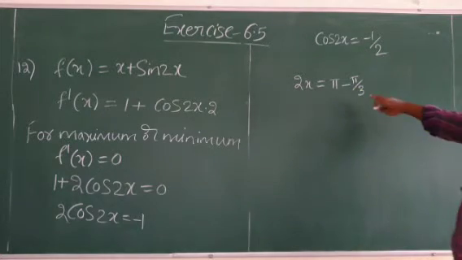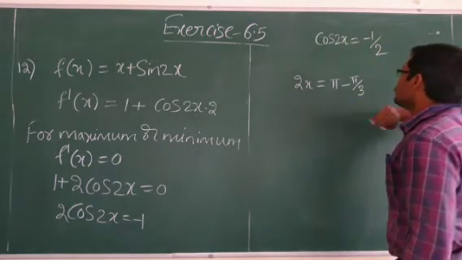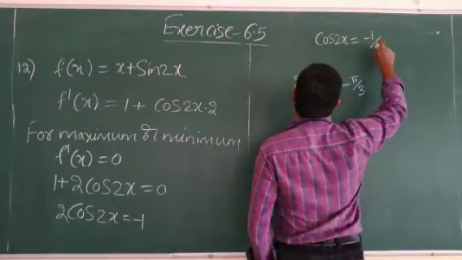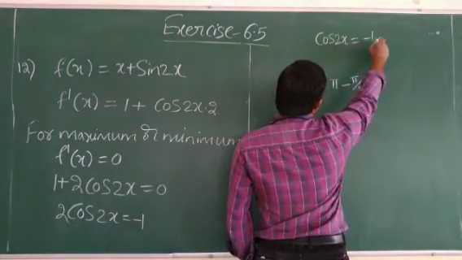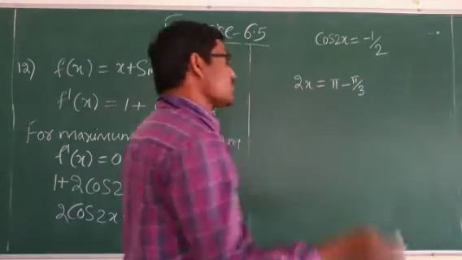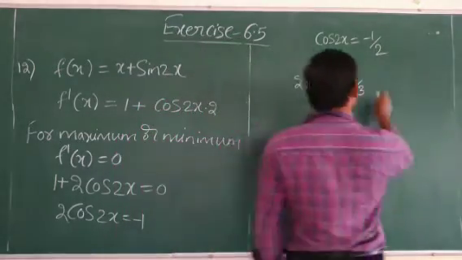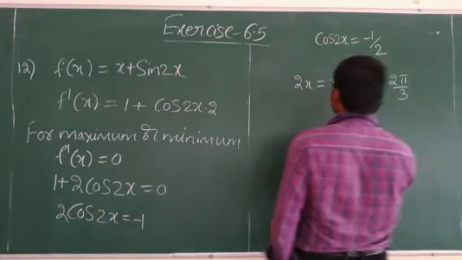Pi minus pi by 3 will come in second quadrant. Cos pi by 3 is equal to 1 by 2, and pi minus we are writing so that it becomes in second quadrant, which will be negative. So this becomes 2 pi by 3.